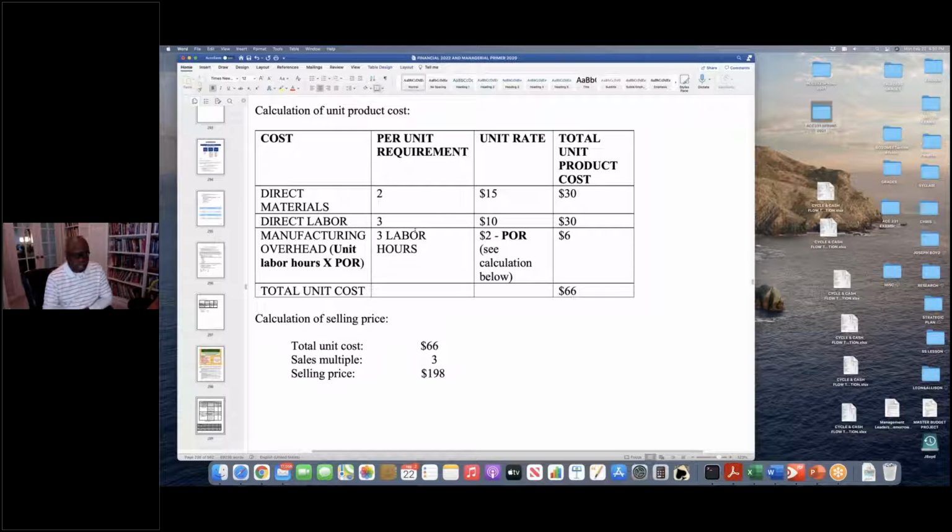It will be a different cost. And we'll look at an example in just a few minutes. But the key thing is that you're going to come up with a predetermined overhead rate, and you're going to multiply that by the labor hours, assuming that it takes more than 1 hour to make it.